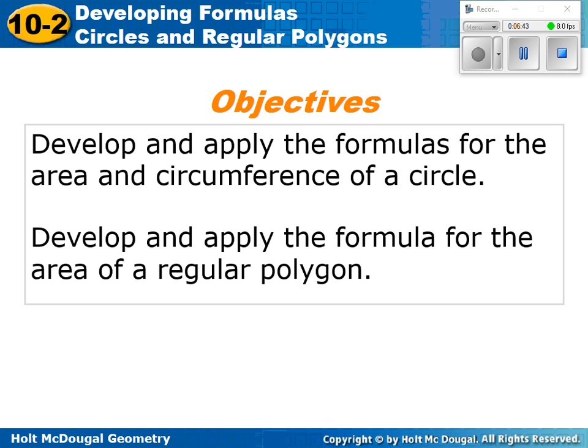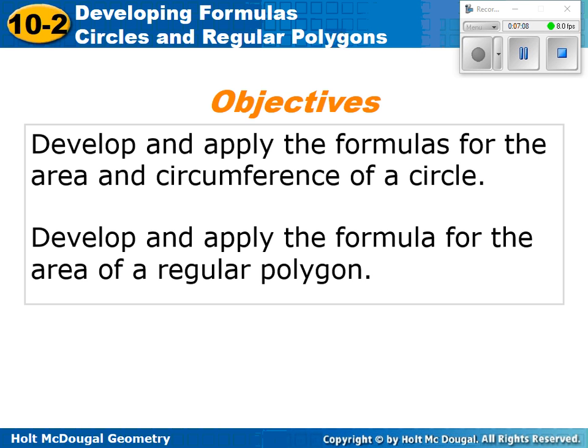Okay? Parallelogram, you remember, is A equals base times height. Trapezoid is A equals... okay, be very careful. What do we do with the bases? Add them. What do we do with the diagonals in the kite? Multiply them. So this is A equals 1/2 D1 times D2.